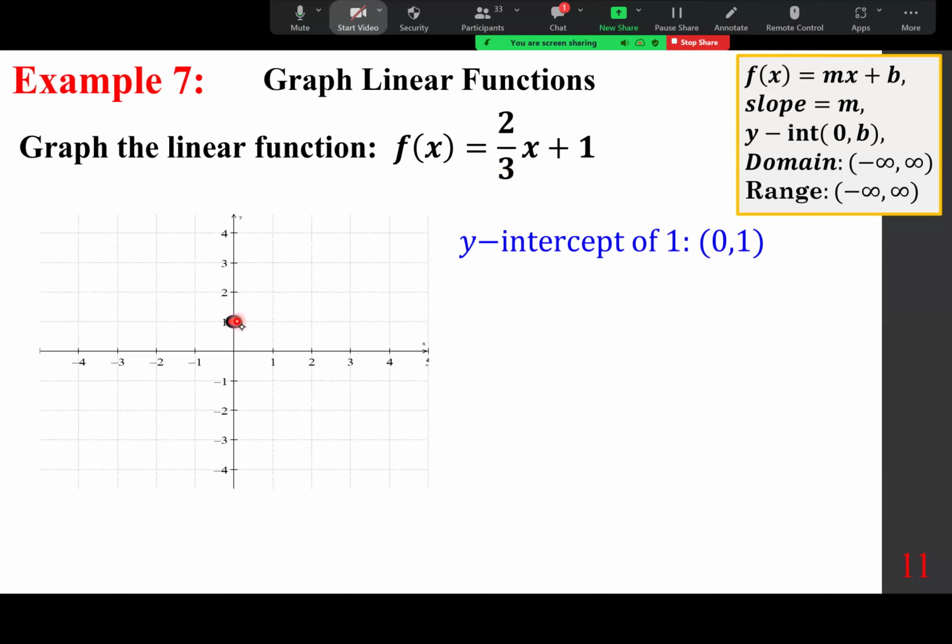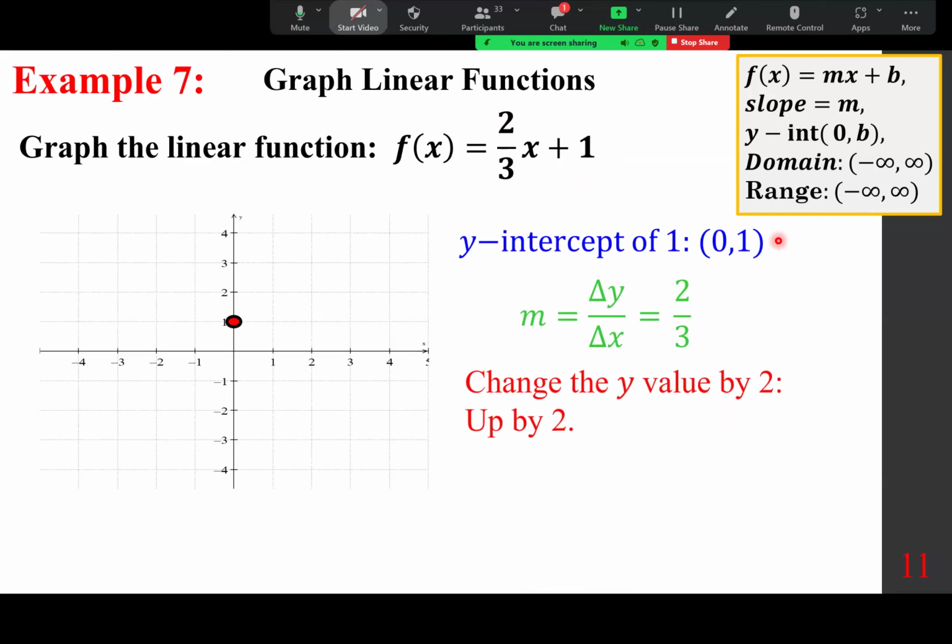So this is 0, 1. Slope is 2/3. Remember, you add the bottom to the x, the top to the y. So 3 and 0 gives you 3, 2 and 1 gives you 3. So you have 3, 3. So change y value by 2, up by 2, if you want to go with that method.